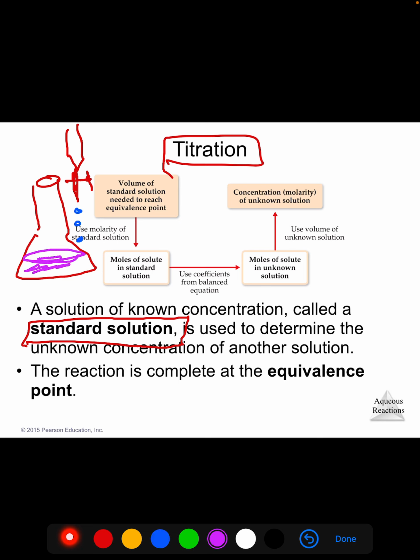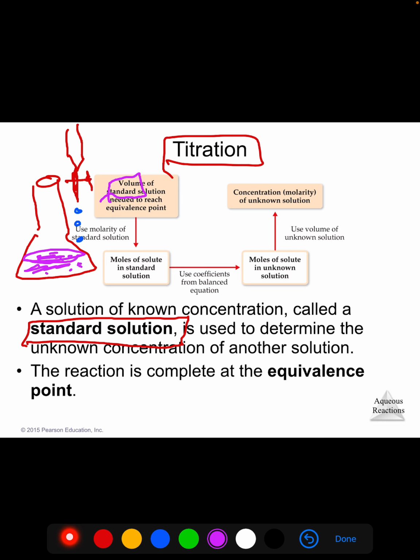But that being said, one of them must be standardized. You can titrate with the standard, or you can titrate into the standard if you have a known amount here.